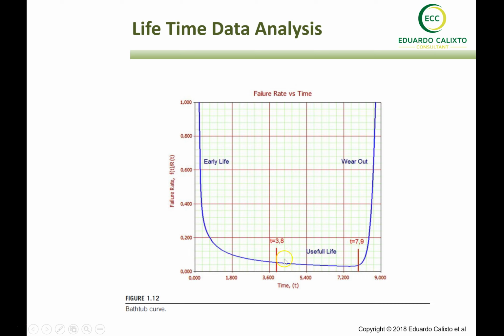Of course, this is expected, that you have very low failure rates during some time, and after some time you have increasing failure rates. Okay, and this wear out phase we need to avoid. And here is when, after this time t here, for example 7.9, is when we have the equipment failure.